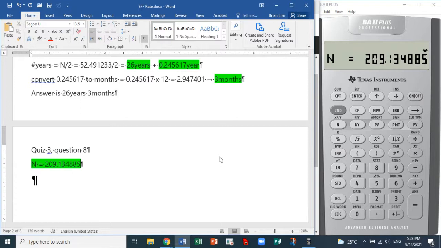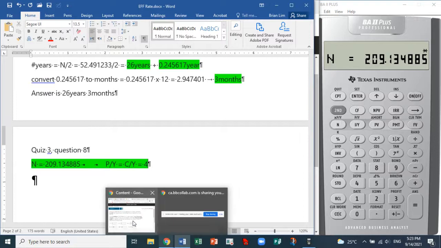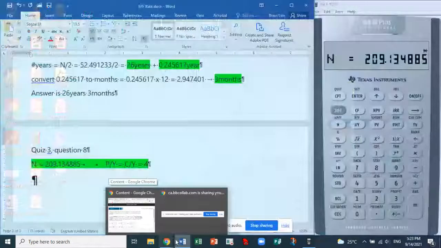209.134885. Now you don't have to carry all of these decimals, but it's best you do as many as you can. 6, I think, is quite adequate. And now we also have CY or PY. Either of them is fine. So we go here and PY is equal to CY, which is equal to, I think it was indeed 4, if I'm not mistaken. And it is.